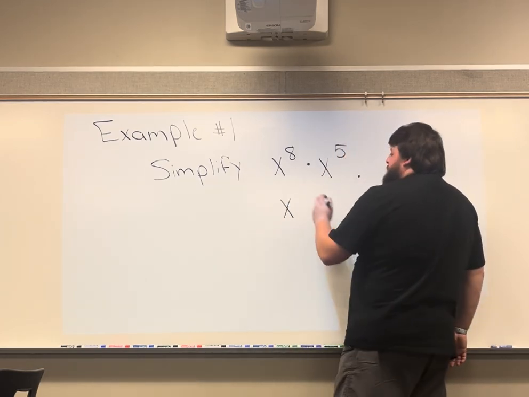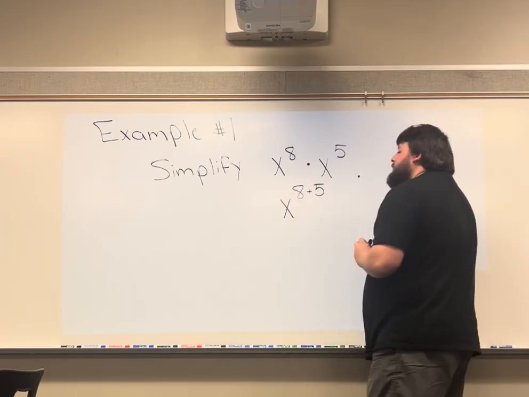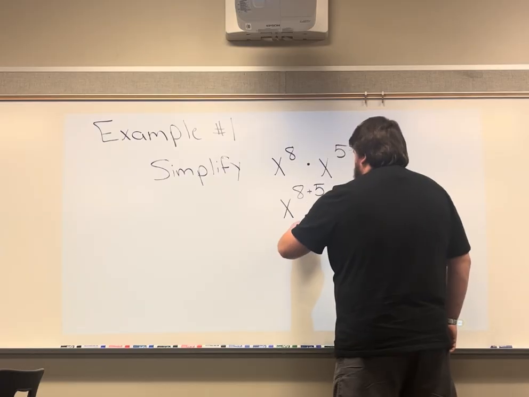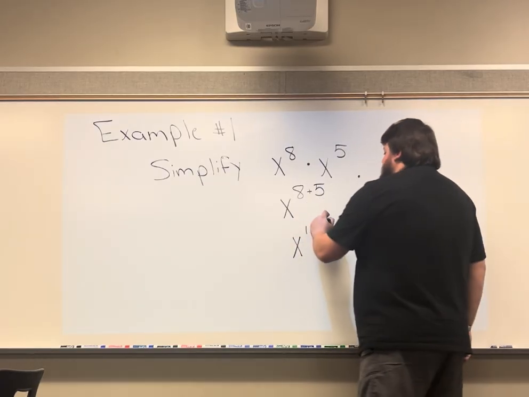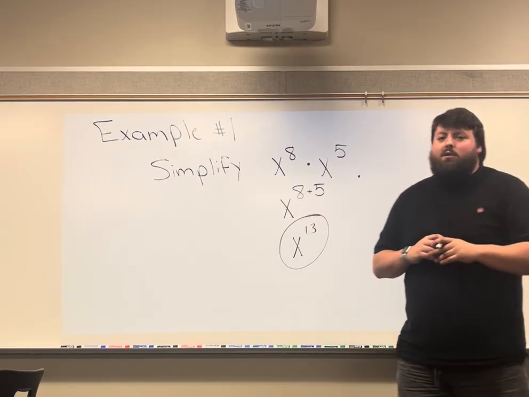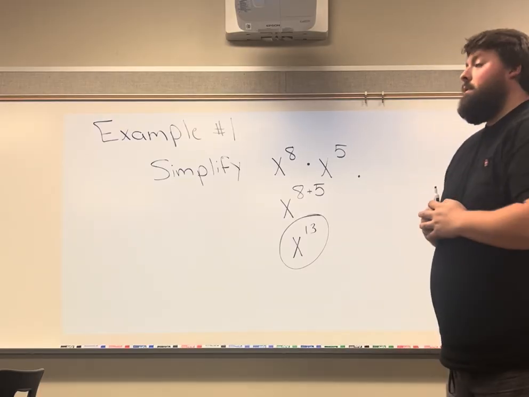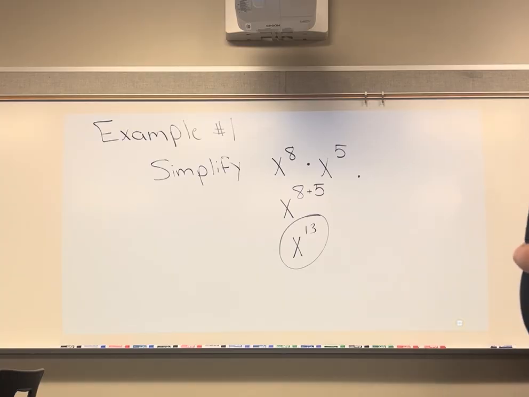So I take x to the 8th plus 5, which gives me x to the 13th. Okay? So when I simplify x to the 8th times x to the 5th, I end up with x to the 13th. All right? So make sure you got that down. Give everybody a second to get that written down.